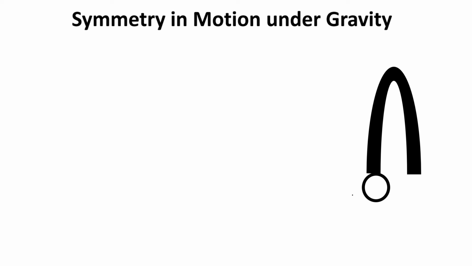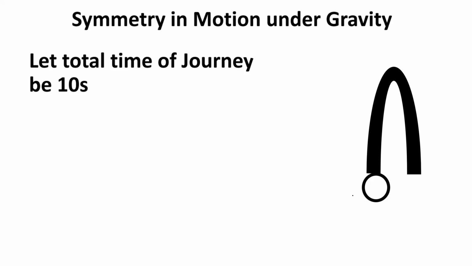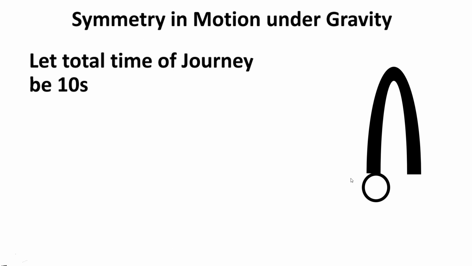Now let's come to symmetry in motion under gravity. If the particle is thrown, we know that the area of symmetry will be this: at the same height, the final velocity is equal to the initial velocity.